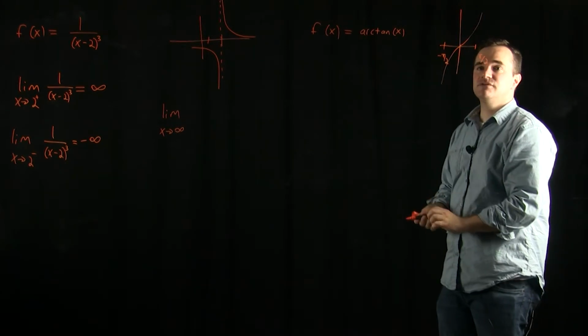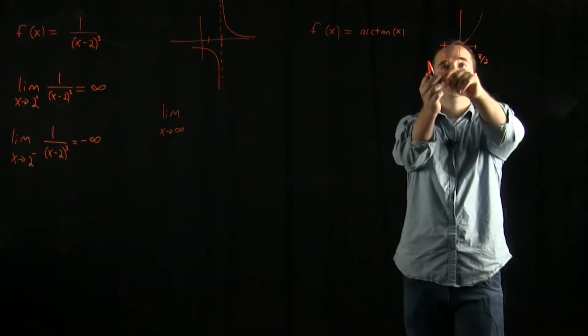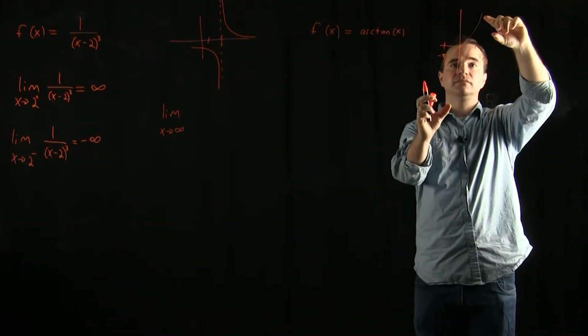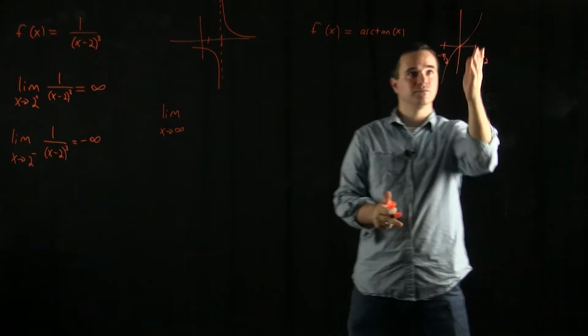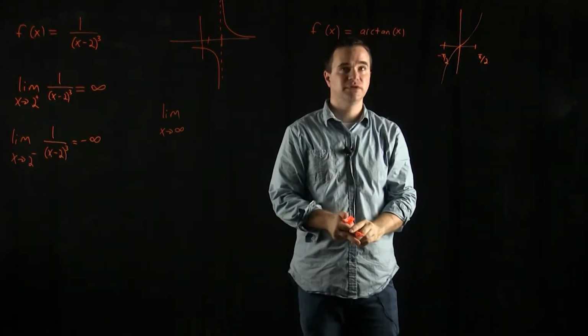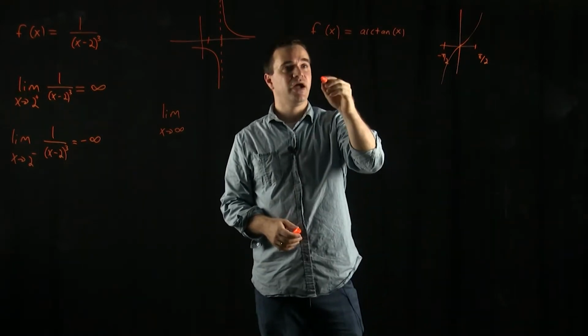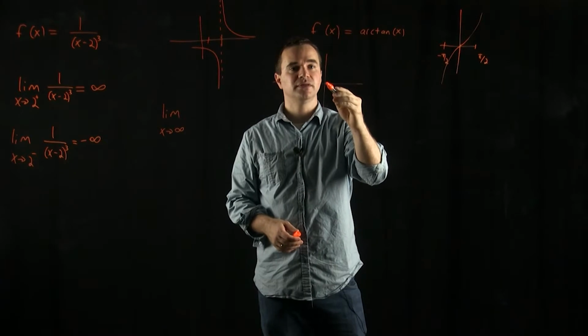Arctangent being the inverse function. The way you find the graph of an inverse function, you draw that line y equals x and then flip it over. Or if you think y equals x is a mirror, then you're looking at the mirror image. And when you get the graph of arctangent, it's going to look like this.